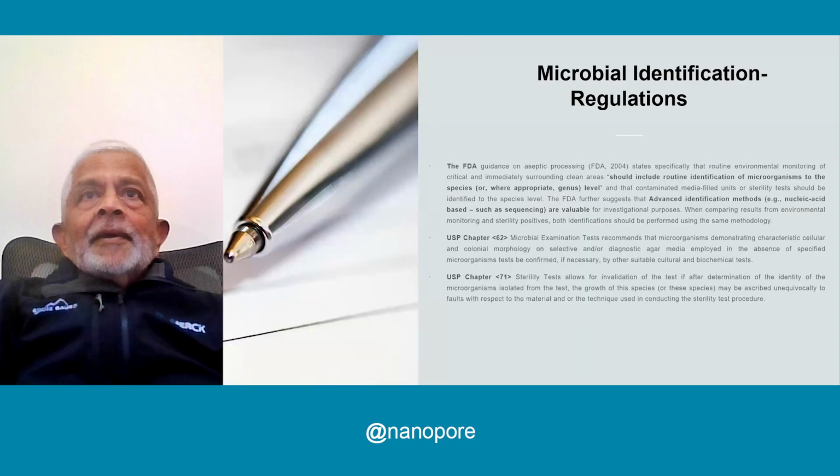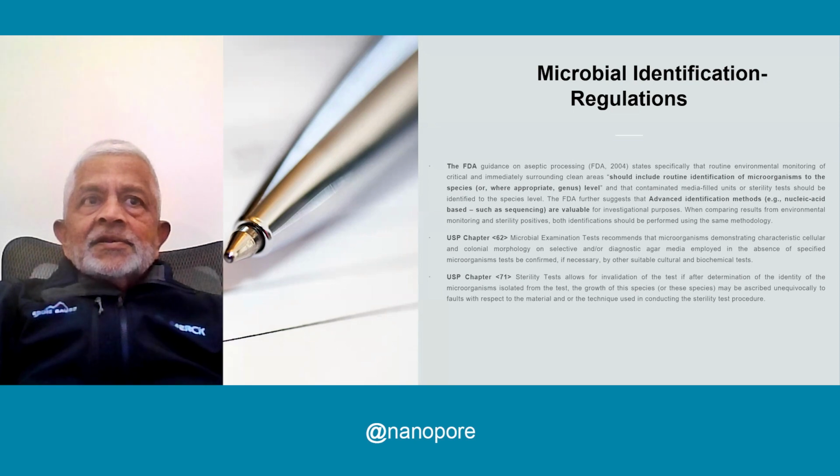The need for microbial identification is also well established in regulations. For example, FDA guidances clearly say routine identification of microorganisms to the species level or genus level as appropriate, and also recommend wherever possible that nucleic acid-based methods be used, especially for investigational purposes.